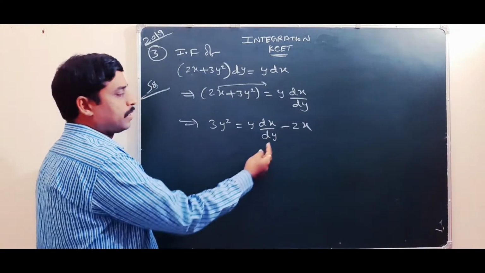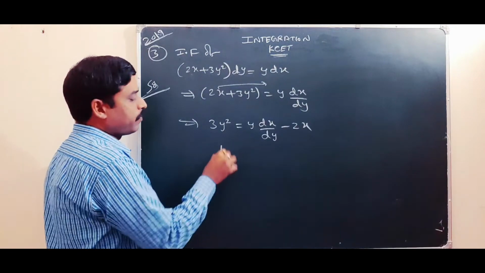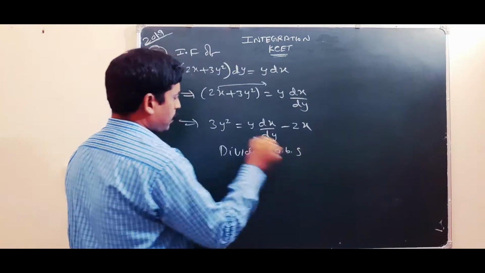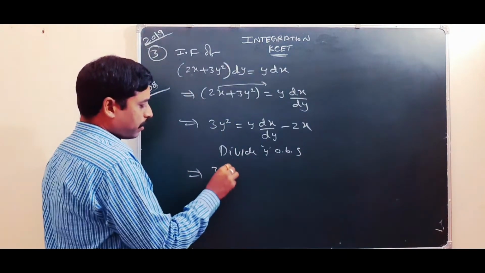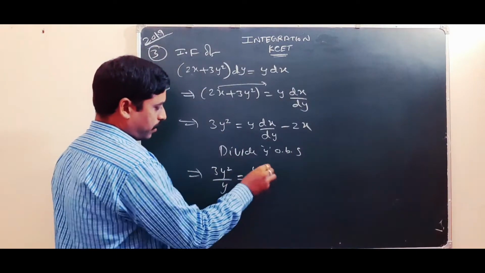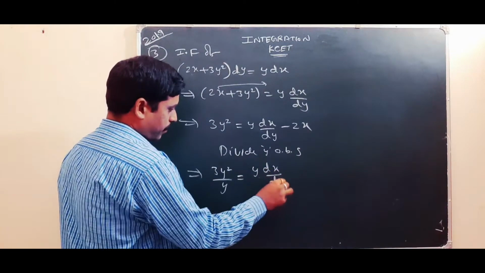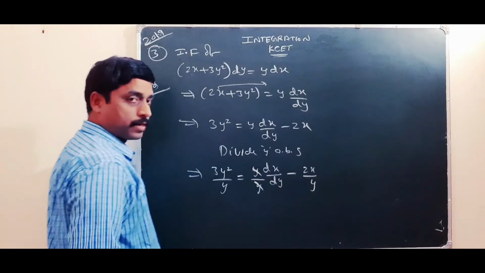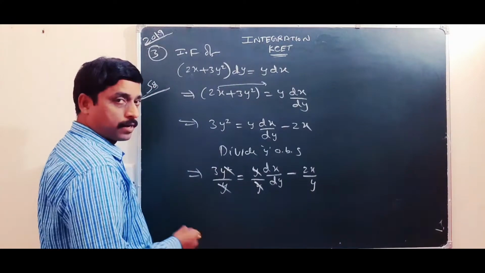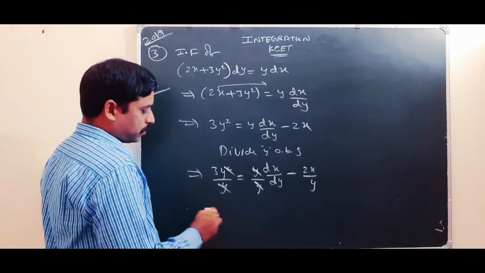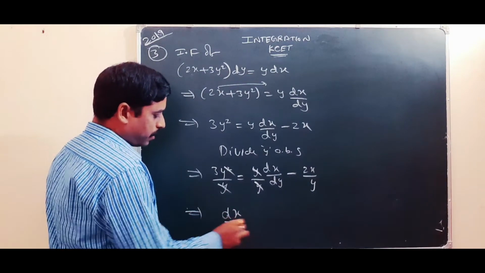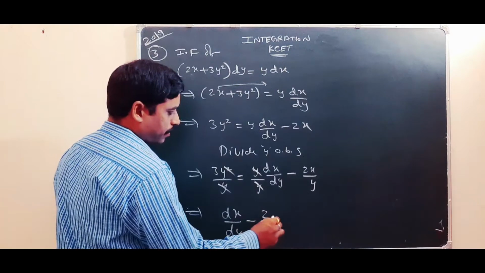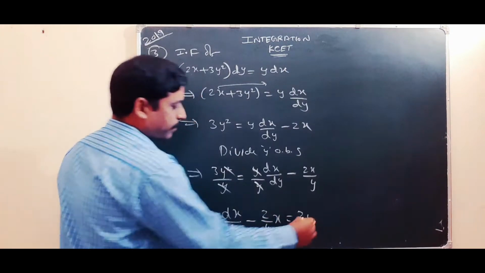Okay, so the dx by dy coefficient is y. Divide by y on both sides. This will be 3y square by y is equal to y dx by dy by y minus 2x by y. In this, y gets cancelled on the left side as well as the right side. So dx by dy minus 2 by y into x is equal to 3y.